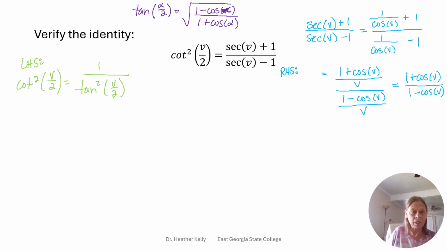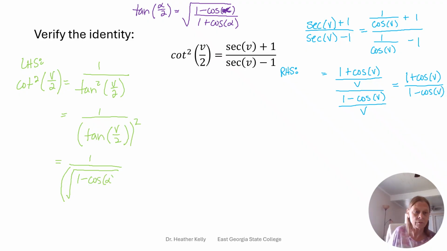All right, so let me get back here. So this is equal to 1 over, and this is how you have to think about these guys with these squares, the square root of 1 minus cosine alpha over 1 plus cosine alpha, squared, and then that gives us this magic, right?